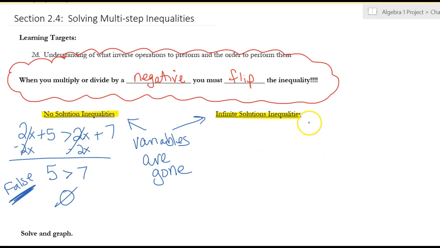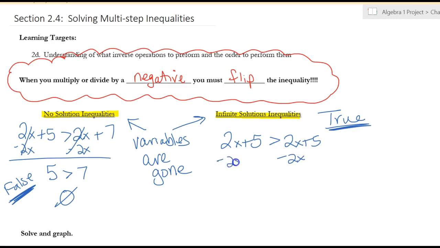So that means that when you have an infinite solution, these are true inequalities. So if I have 2x plus 5 is greater than 2x plus 5, if I minus 2x on both sides, I should actually switch this. Let's make it 15 here, because otherwise it's not going to be true.